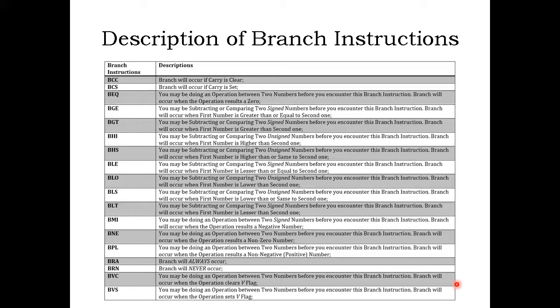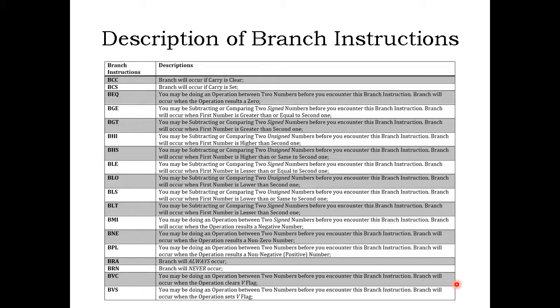So remember, all the branches that you see in programming have some reasons for the programmer to use them, because programmers actually have something in their mind, and that's why they pick some specific branch over the others. So what I did here is I gave you a list of all the branch logical descriptions. We have a very small, brief, plain English description in column 2 of our instruction set.